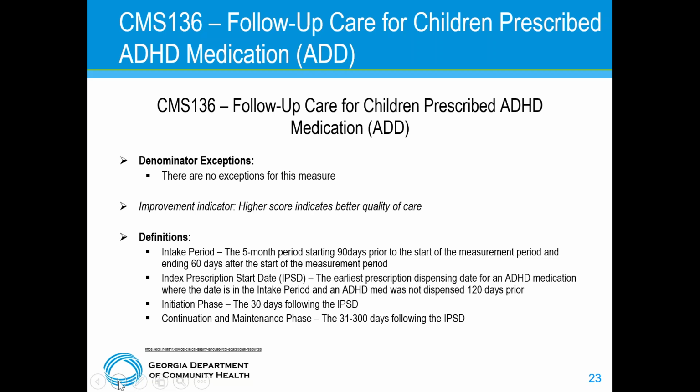The initiation phase is that first 30 days following the prescription start date, and the continuation and maintenance phase is the 31 to 300 days following the prescription start date. The cumulative medication duration is the same definition as that we saw in CMS 128, and the formula for calculating that duration is the same as the example that was given in 128.